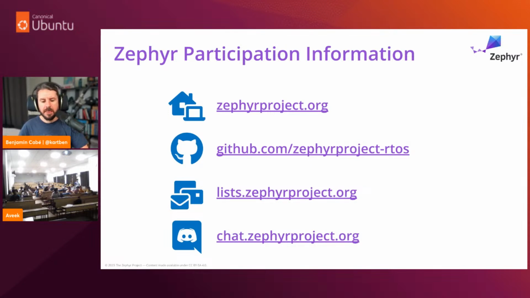We have many mailing lists as well, but I would recommend using our Discord instead. chat.zephyrproject.org will give you the invite link, where you have tons of activity, and any question you have will likely get answered in 5 or 10 minutes. That's how active it is.